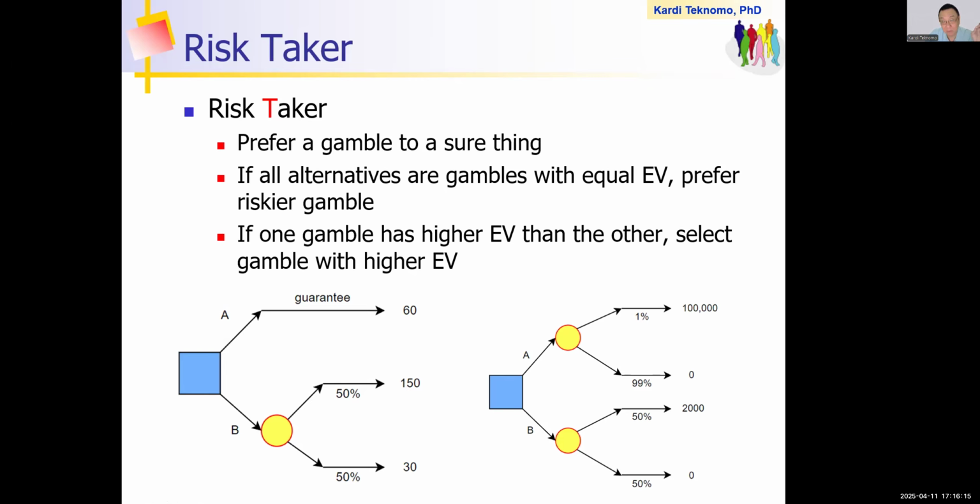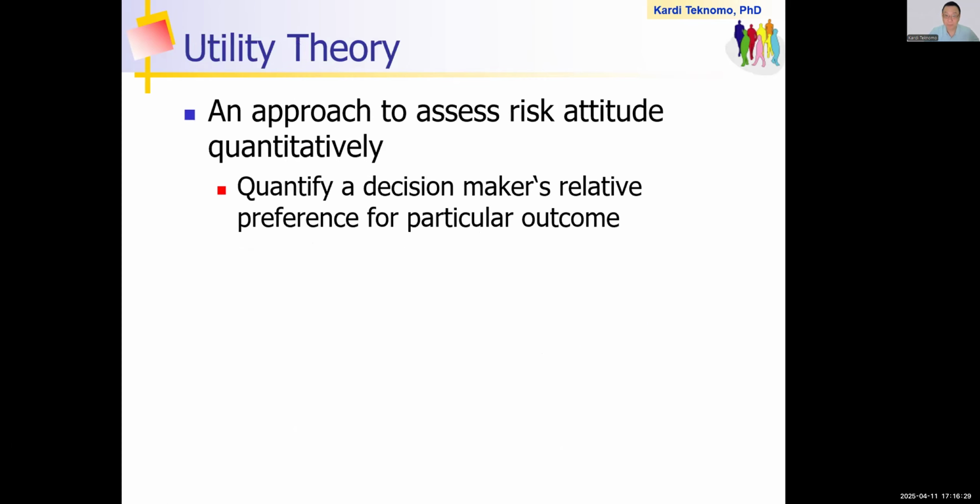What seems irrational now becomes rational. For that we need to quantify. This quantification is called utility theory. Utility theory is an approach to assess risk attitude quantitatively. So we set an ordinal number.